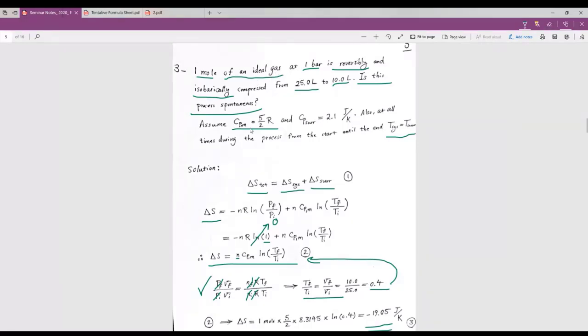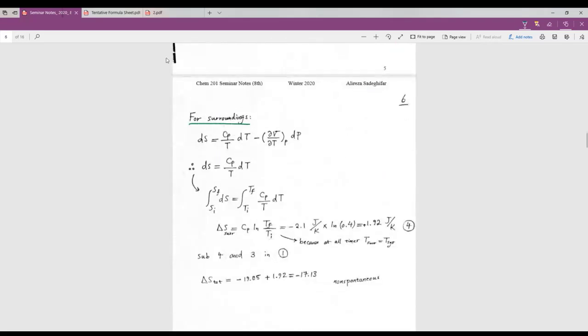But for the surroundings, which is outside of the system, the only information that we have is this reversible here, and this T system equals T surroundings. That's all we know about the surroundings based on the information given here. So nothing more. We don't know the state of the matter of the surroundings.